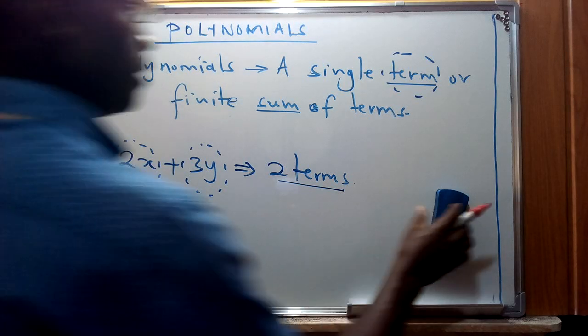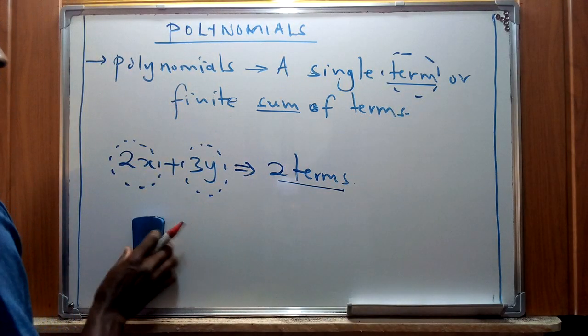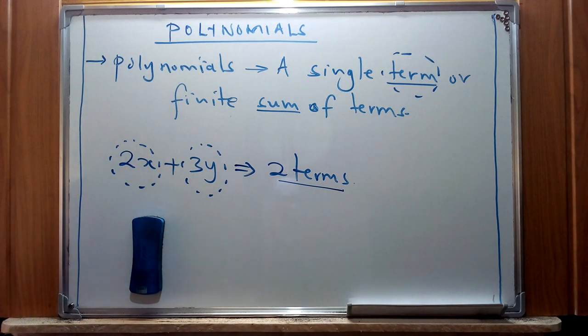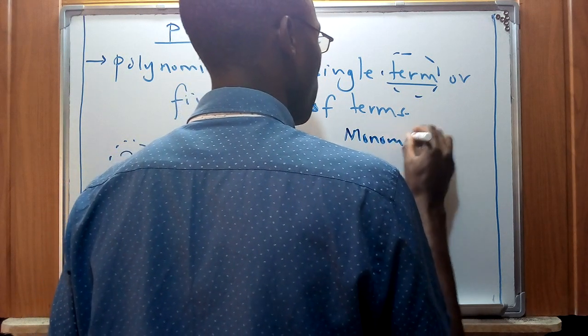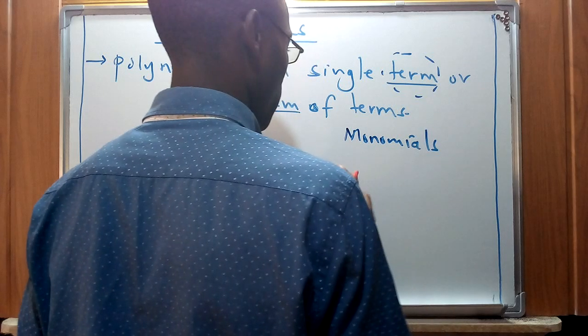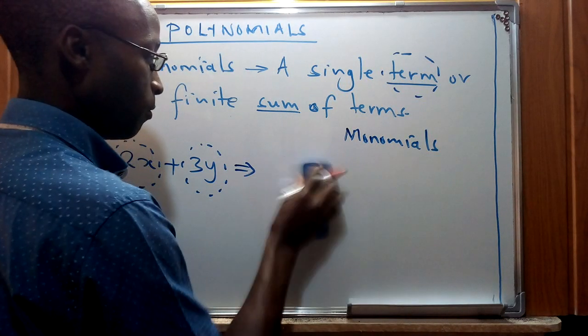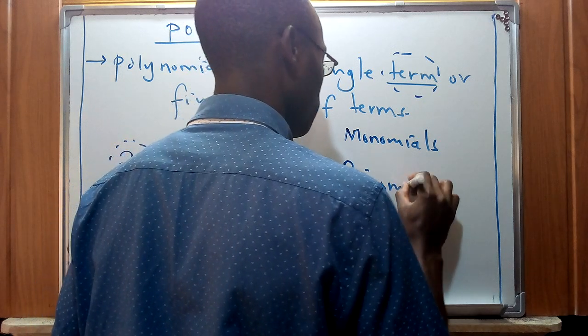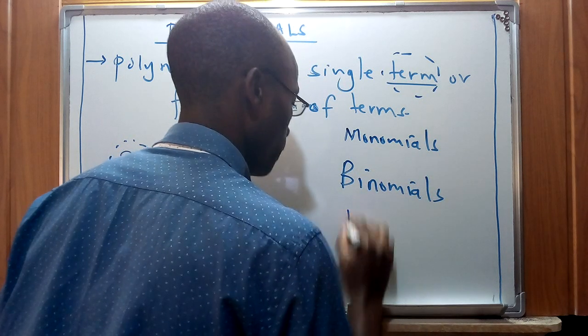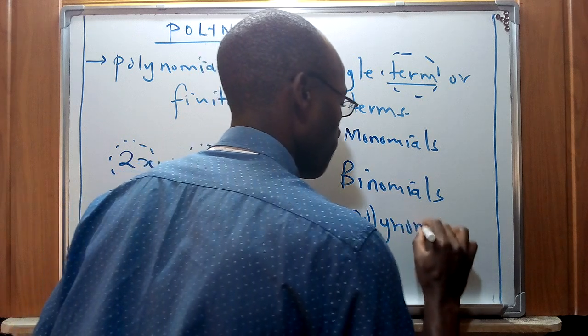And we have different types of polynomials, now that I've mentioned the concept of terms. We can have what we call monomials, and then binomials, and then lastly polynomials.